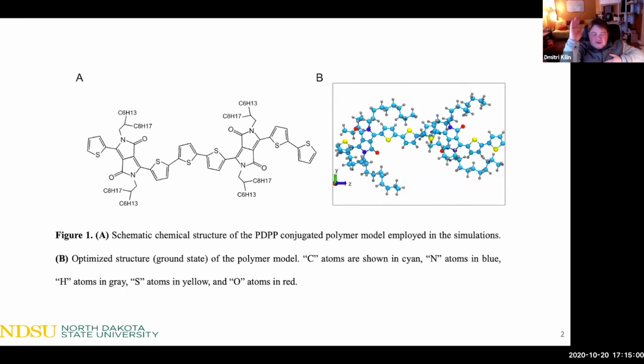Yeah. Let me translate. Yun is asking the question in a very gentle and polite form, but let me translate it in a more rude form, how it may sound from the reviewer. The reviewer may say, if the authors will not redo all calculations with HSE, I recommend to reject this paper. I hope not to receive such a report.